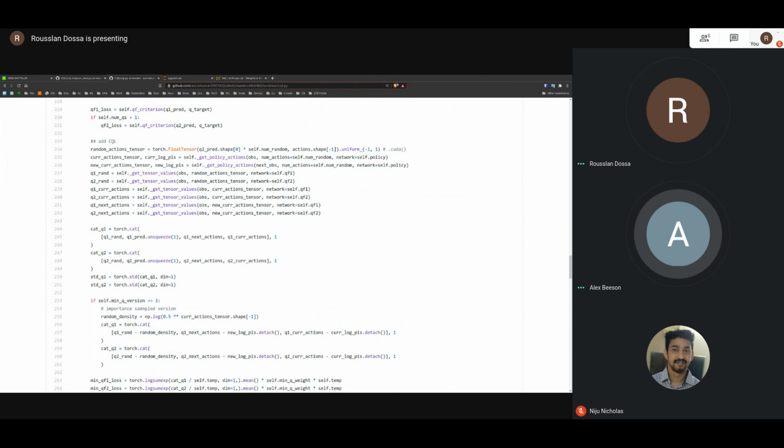Or are they using, is that where they're using a previous policy? I believe this part is the current policy, right? Because they sample using this get policy actions of self policy. Oh, and it's next observations there as well, yeah. So here they use next observation, but they compute the Q value with respect to the current observation and the next action.